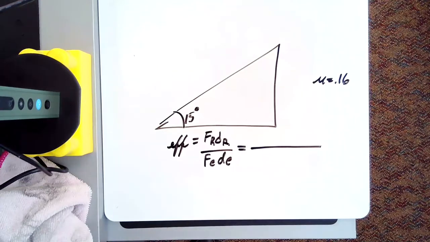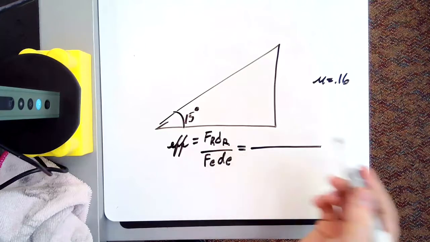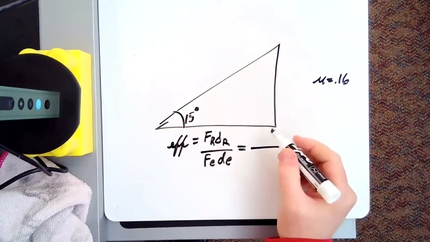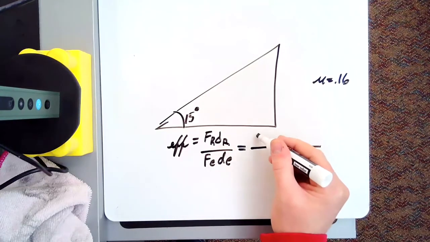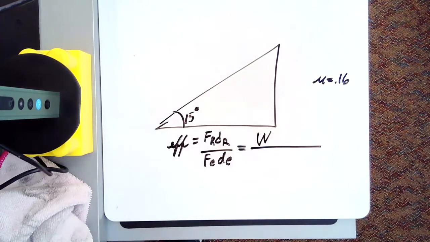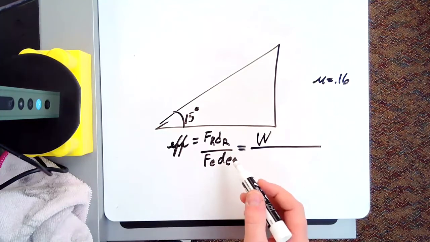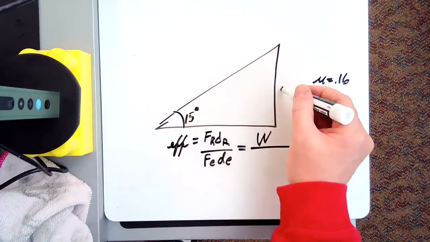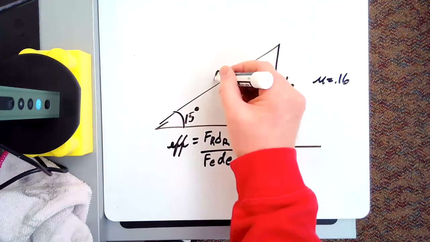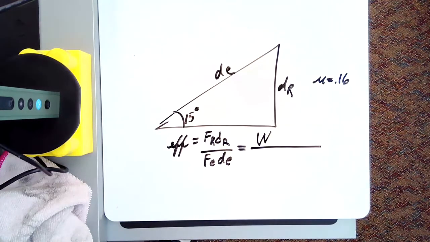Okay. I'll tell you when I ask a hard one. So the FR is weight, right? Can I put in W? Is that okay? That's not work, that's just the weight of the object. Times dr. Dr was not given. Here's dr, here's dE, neither of them are given.